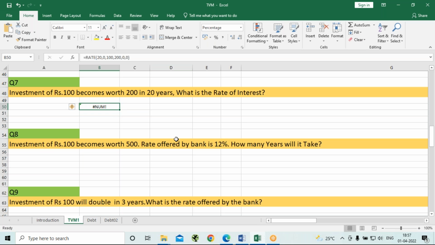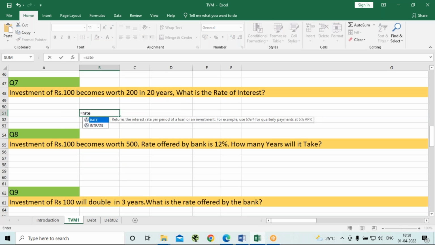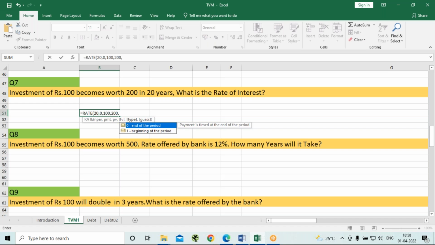Just give me a minute. So number of period is 20. PMT here it is 0, 100, 200.